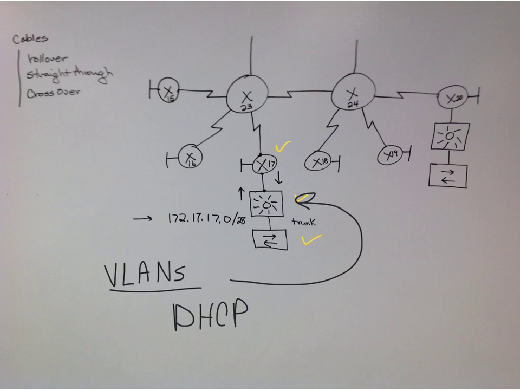In this case, in the multi-layer switch, and then we also did DHCP in the routers up here, and then we used a helper address here to send these computers here for their DHCP.